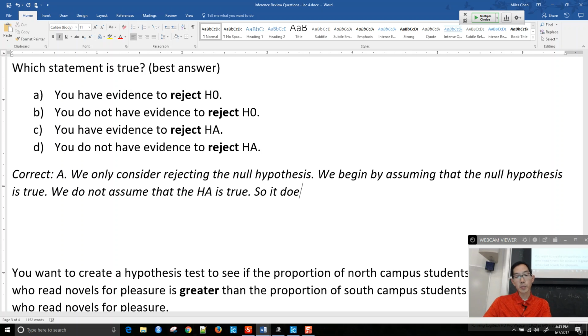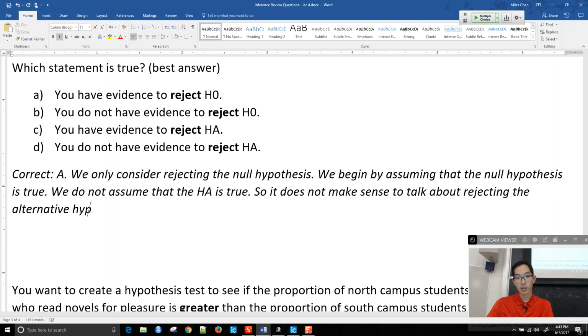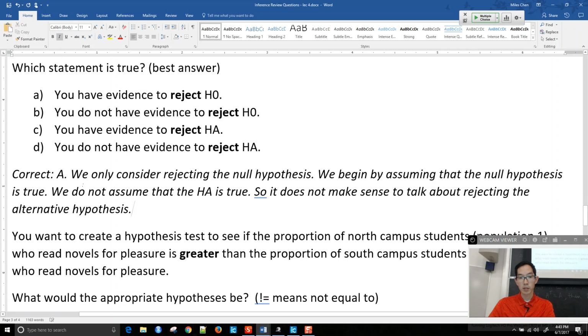So it doesn't make sense to talk about rejecting the alternative hypothesis.